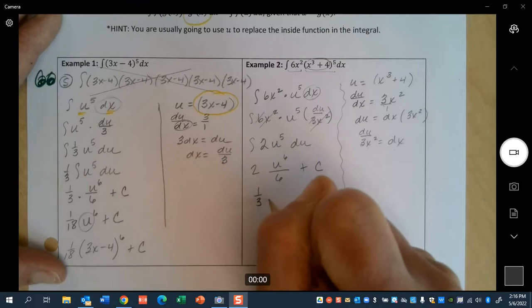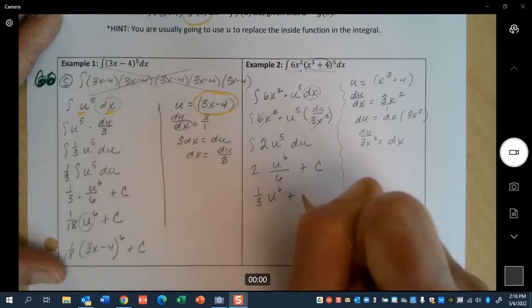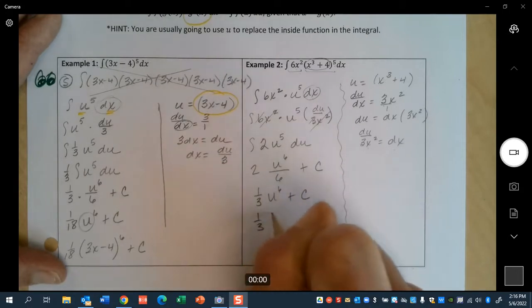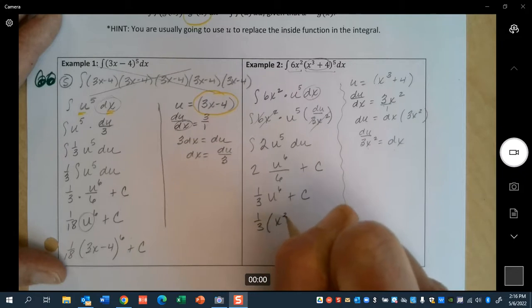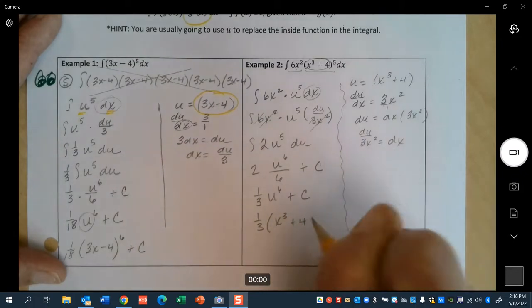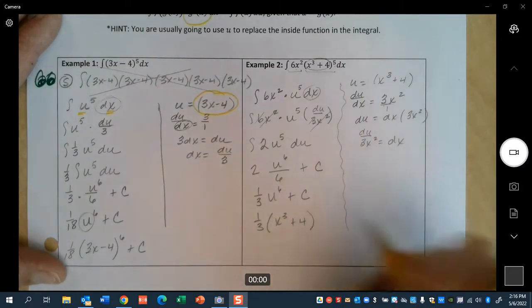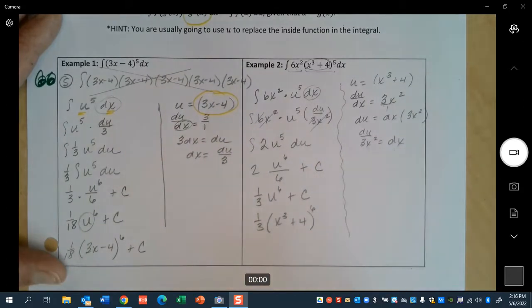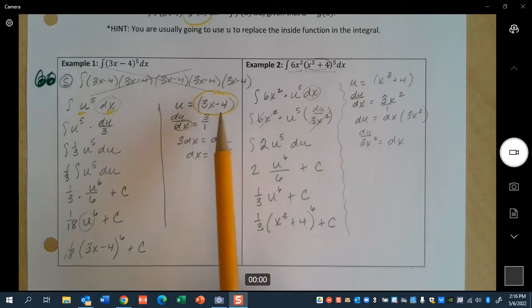One third u to the 6th plus c, so 1/3 times x to the 3rd plus 4 to the 6th plus c. So with u substitution, we end up pulling this part out.